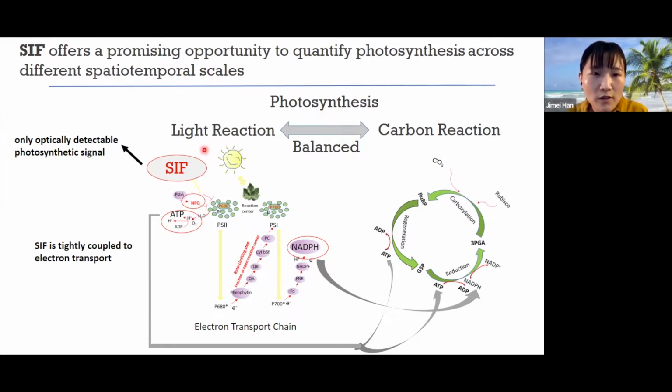The initial findings have identified the linkage between SIF and photosynthesis. First, from the observational side, the existing studies have found the empirical linkage between SIF and photosynthesis inferred with the eddy covariance measurement of net ecosystem exchange.